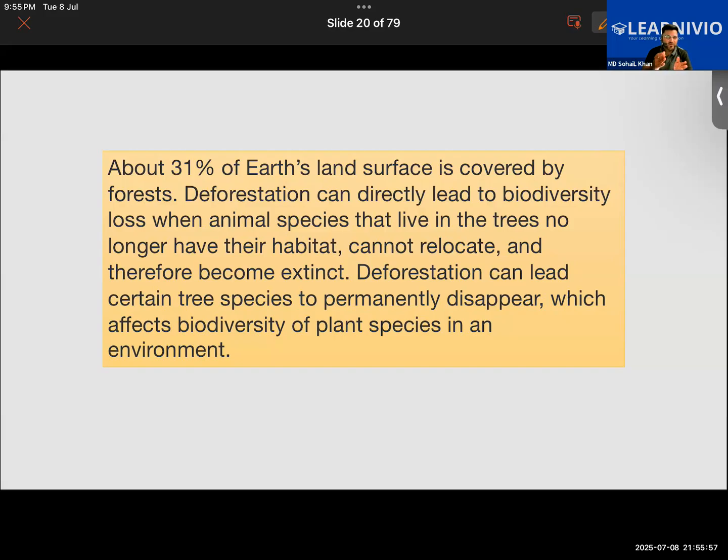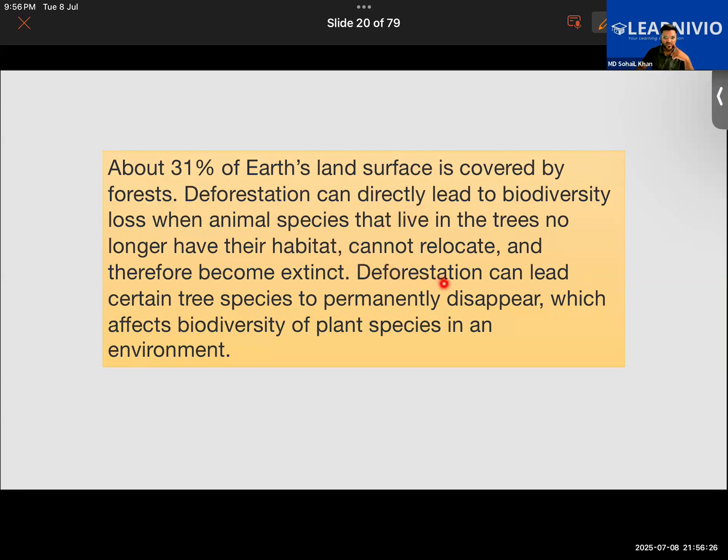We can relocate from one city or town to another, but animals don't have such means. Unless they are birds, they cannot relocate. So deforestation will ultimately lead to extinction of animals. Certain rare animals who cannot relocate can become extinct. In the worst case scenario, it can lead to extinction of certain animals.